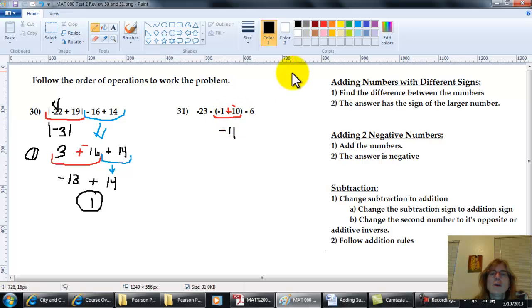Now we have to bring down this and bring down this. We just have to be careful. You have to make sure you bring it all down. In other words, don't leave out these minus signs. Okay, so let's see here.